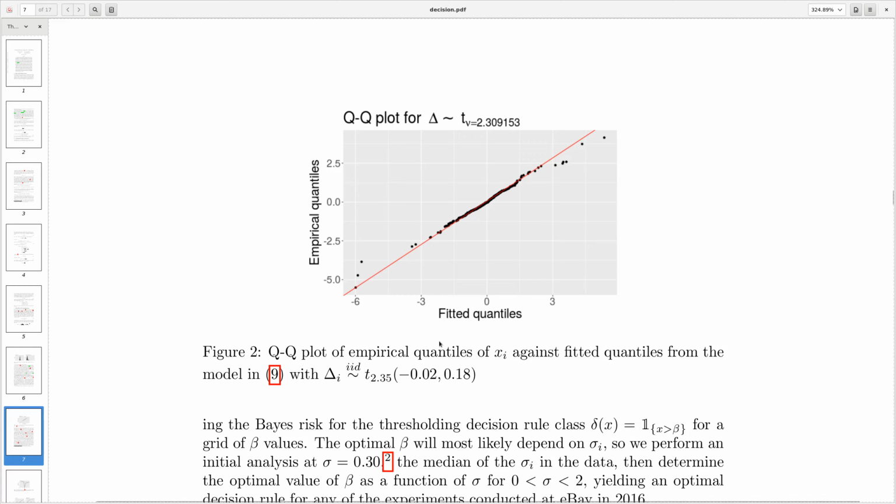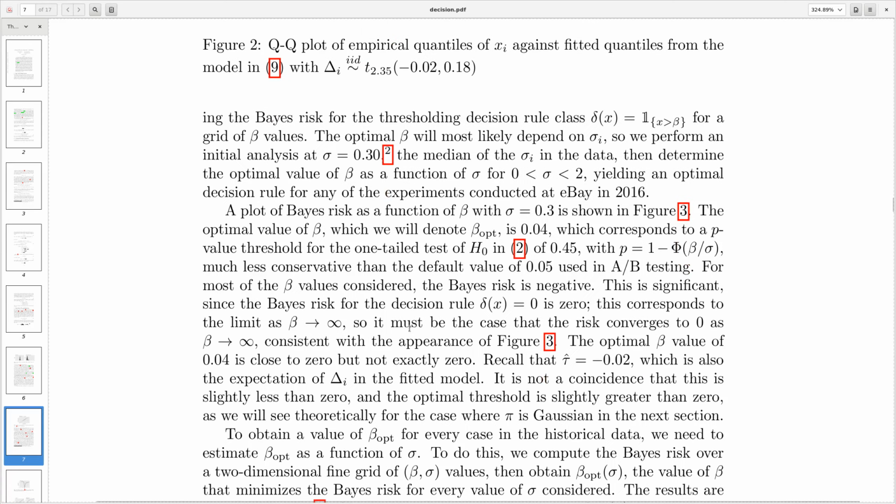So we see from the QQ plot a roughly linear distribution tightly aligned around the line. That would mean the QQ plot is showing that the two distributions are very close. It plots empirical quantiles against the fitted quantiles.